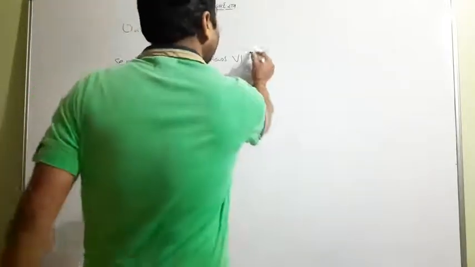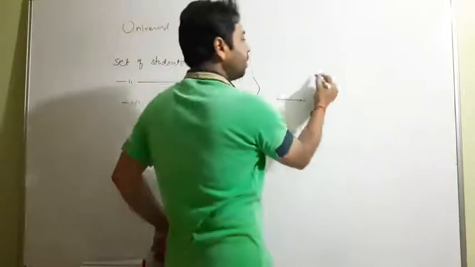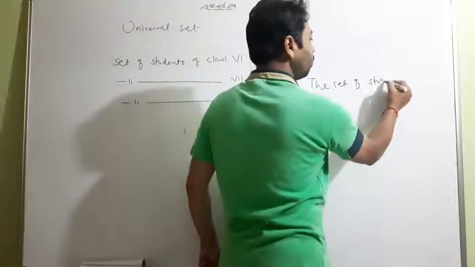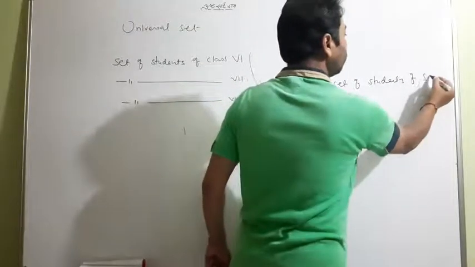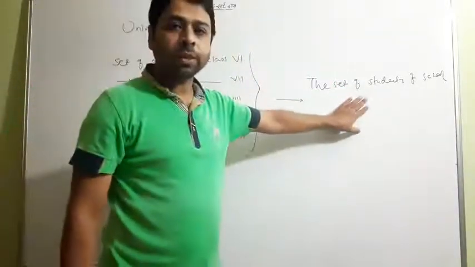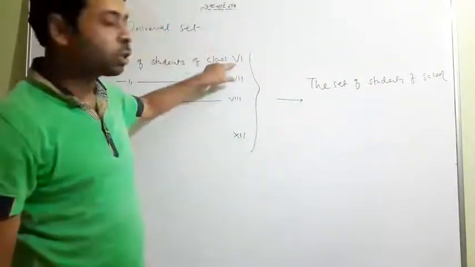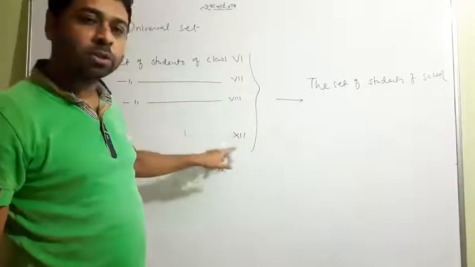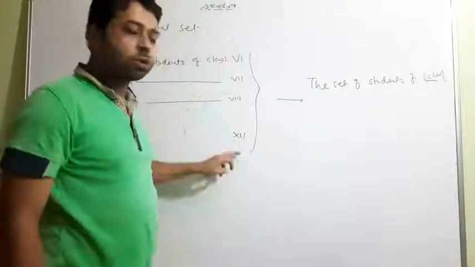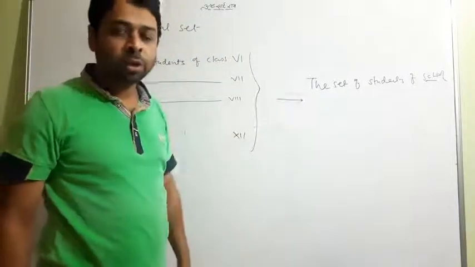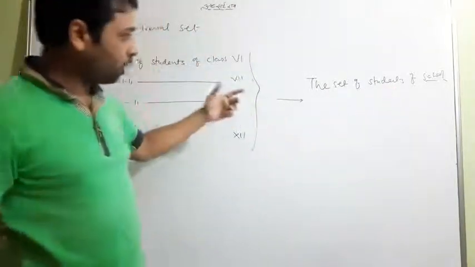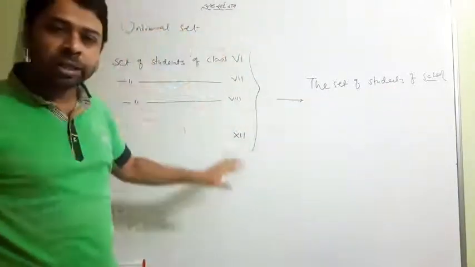Instead of all that, if I write the set of students of the school, JNV Dalgudi school, this will be a universal set, because it contains class 6 students, class 7 students and class 12 students also, since in a school all students from class 6 to class 12 study. So in a single sentence we can create such a set which contains all these sets.